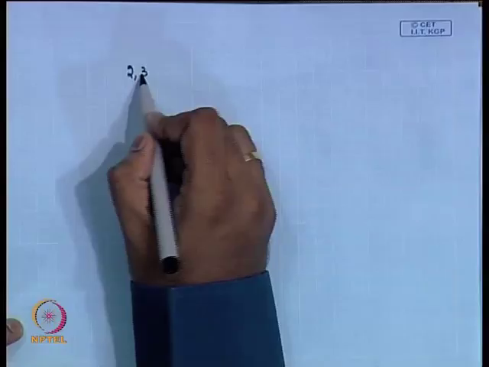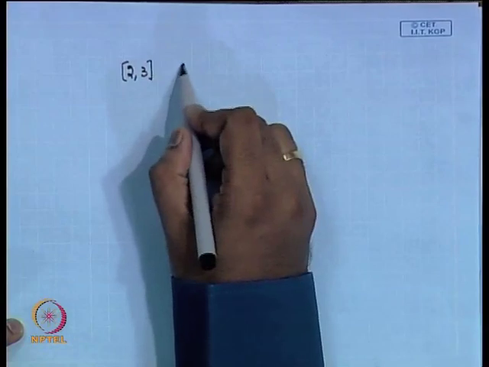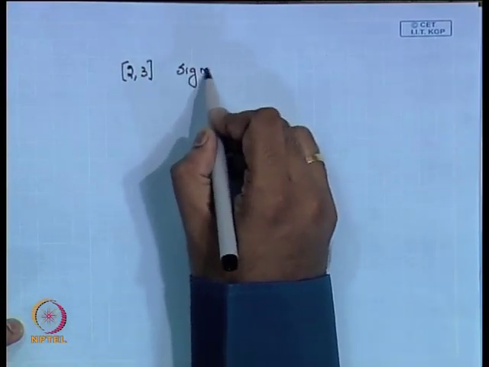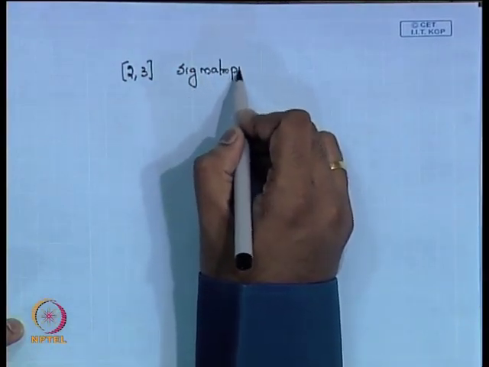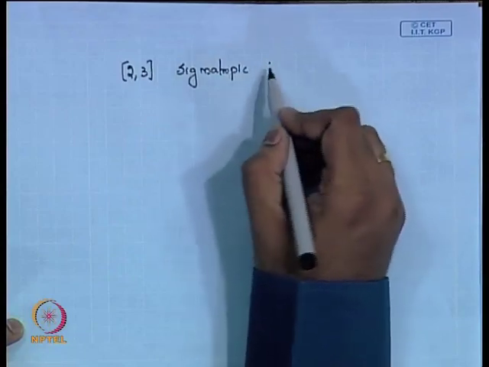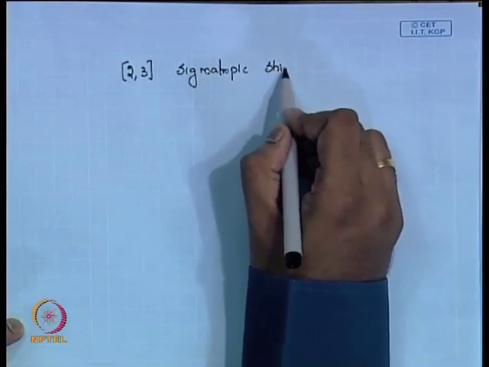So, all these reactions we will cover. Fine. So, we will start with 2,3 sigmatropic shift. That is what we are going to see.